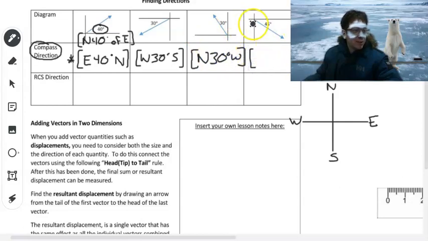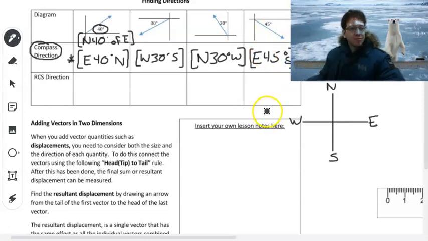And lastly, this one looks like the angle is starting from east and going 45 degrees towards the south. If something is directly 45 degrees, you can just write southeast. When you just say southeast, that means perfectly in between south and east, which would be at a 45-degree angle.